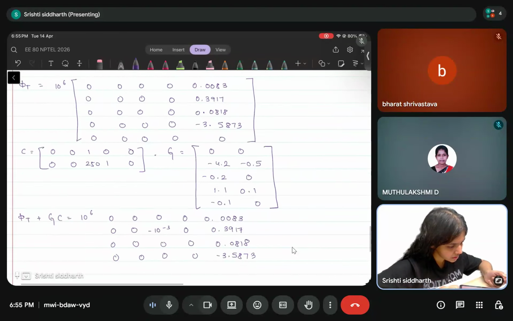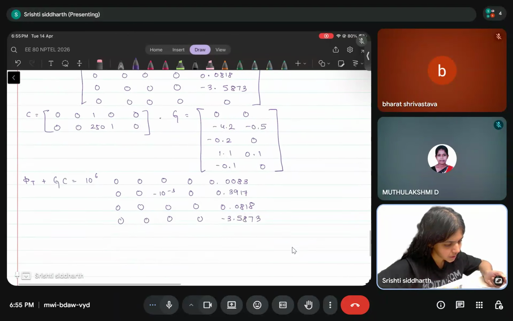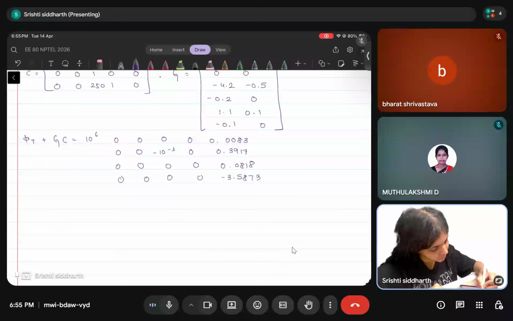I think it's the same as the matrix A because it's 10 to the power 6, right? So the answer is 0, 0, 0, 0, 0.